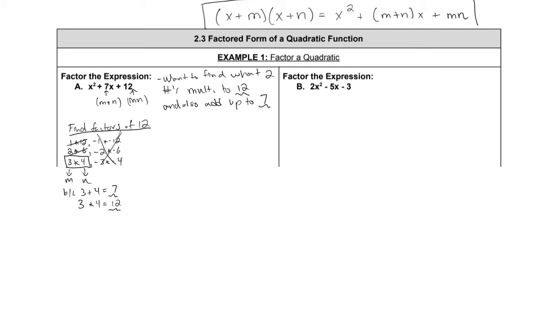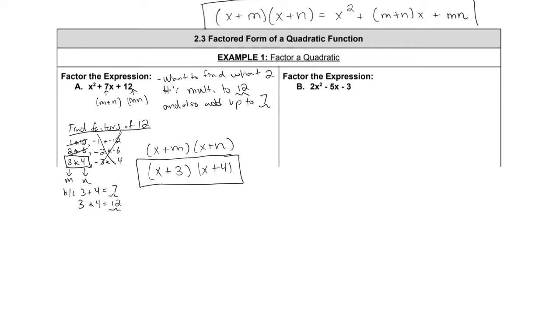Our m is 3 and our n is 4. Again, we have x plus m times x plus n, so when we factor this out, we get x plus 3 times x plus 4, and that is our solution.